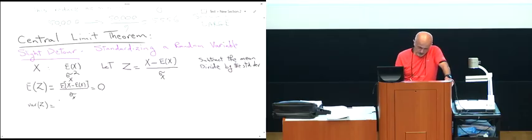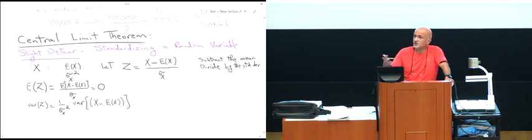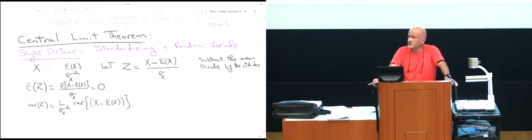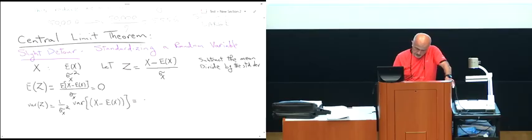Because it's 1 over sigma squared times the variance of x minus E of x. And when you subtract a constant from a random variable, in this case that constant happens to be the mean of the random variable, but it doesn't have to be, do you change its variance? We talked about this before. So this is also sigma x squared, and the product of the two is 1, which means that the standard deviation of z is also 1.